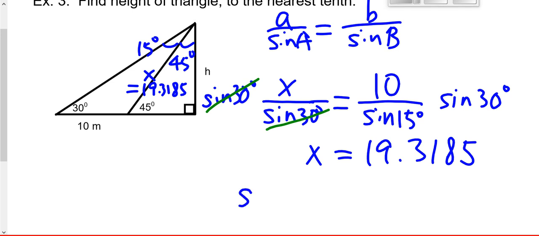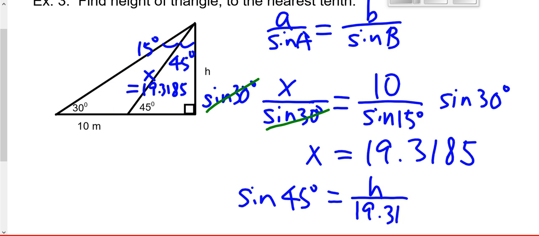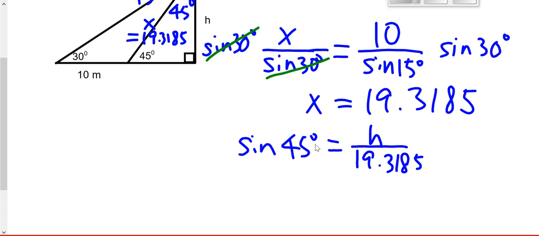Sine 45 degrees equals opposite, which is the height here, over the hypotenuse, the one we just figured out using the sine law, which is 19.3185.